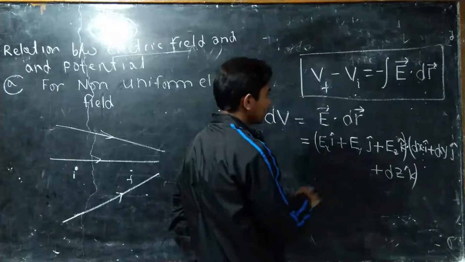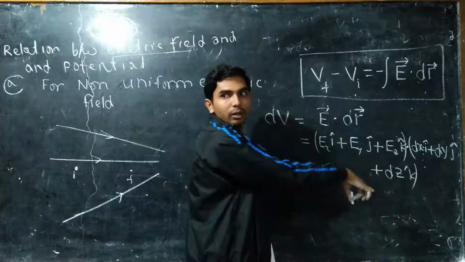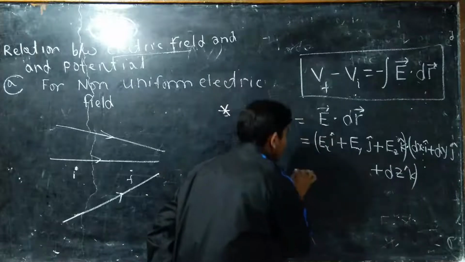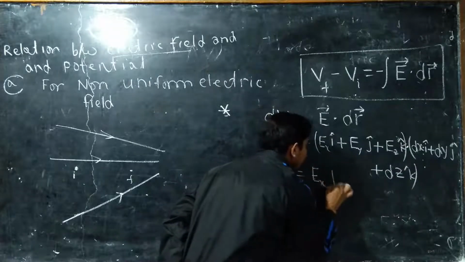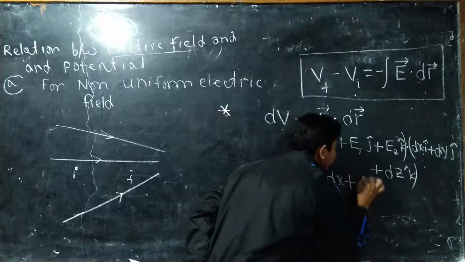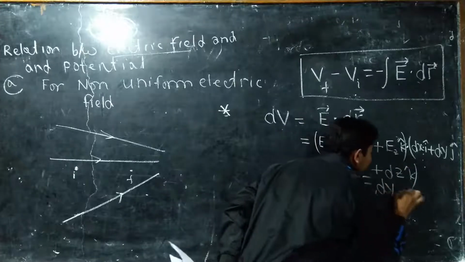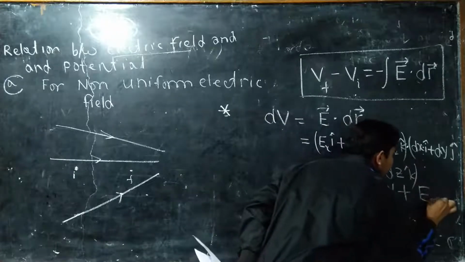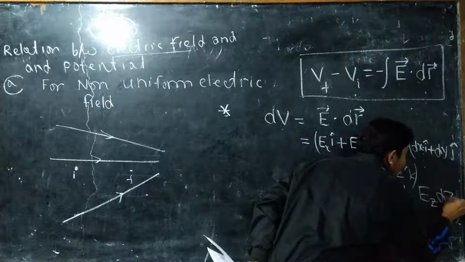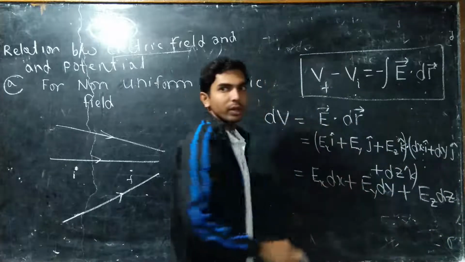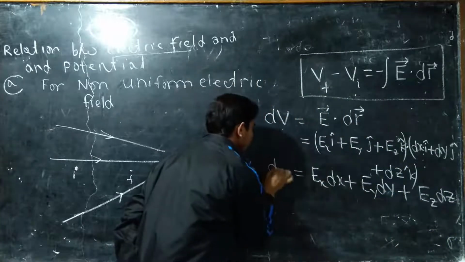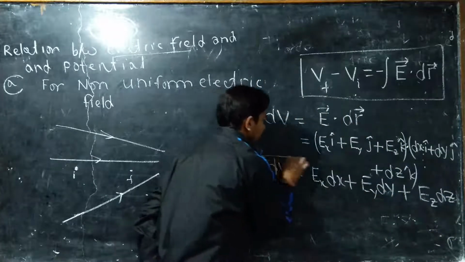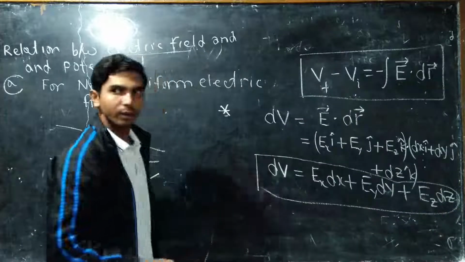So if you multiply, what value will come? Ex dx plus Ey dy plus Ez dz. I hope you know this expression, guys. This one is already discussed.